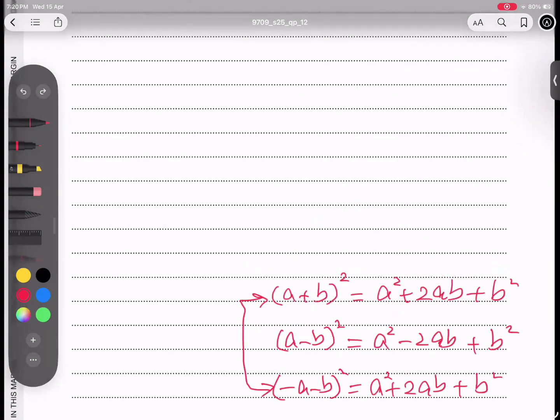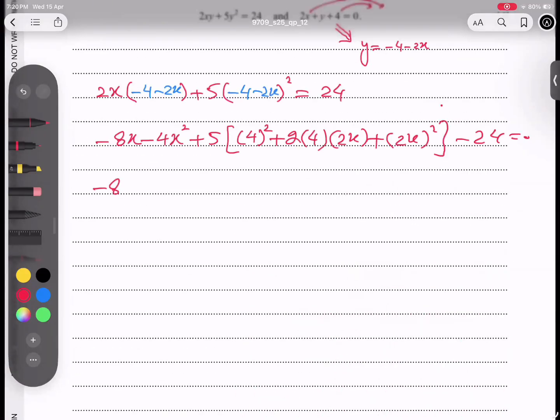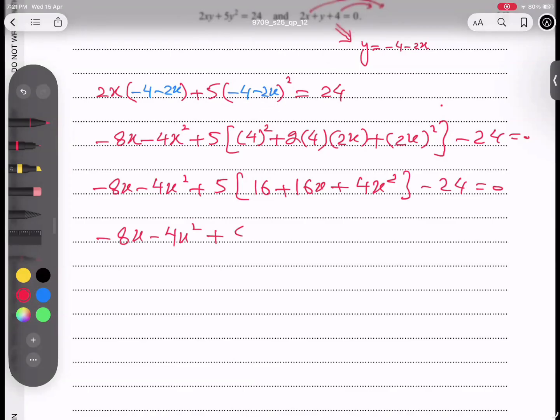Now I'm going to complete the question. -8x, -4x to power 2 plus 5, 16 plus 16x plus 4x to power 2 and -24 is equal to 0. Now I'm going to finalize it. This I got 80, this I got also 80x, and I got 20x to power 2 and -24 is equal to 0.